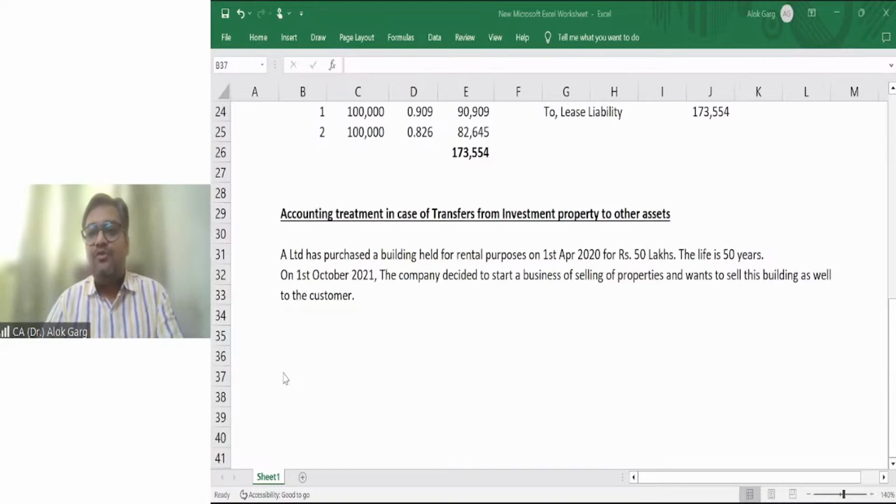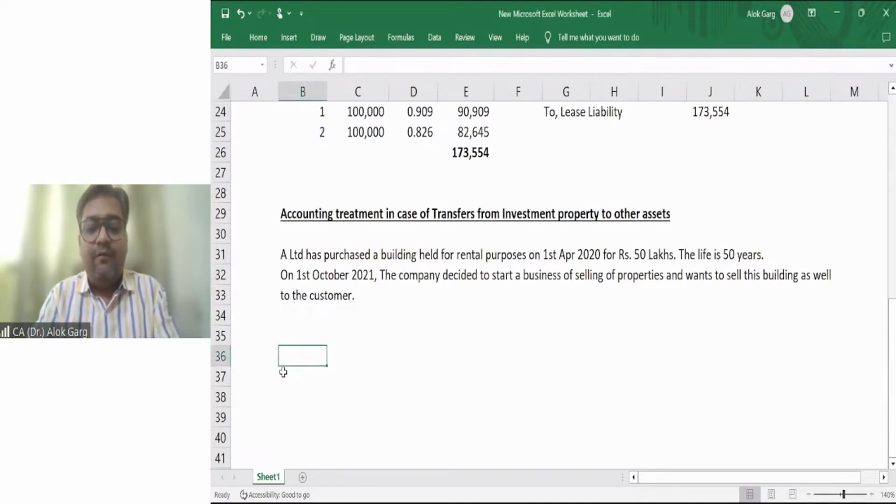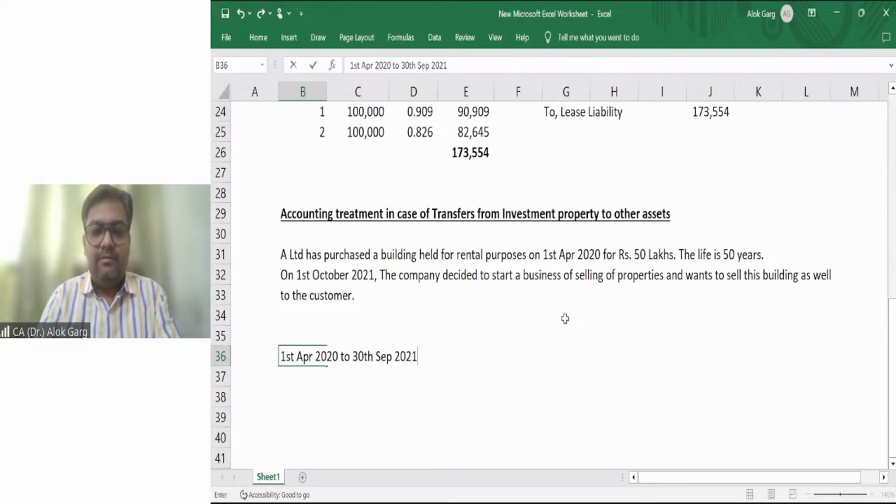And this company wants to sell this building also in the ordinary course of business. So the point here is, from 1st April 2020 to 30th September 2021, this building's status is investment property, right?